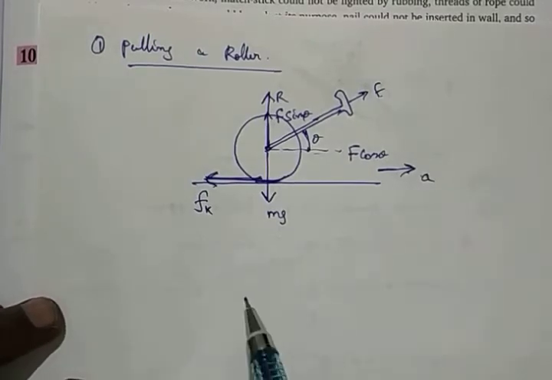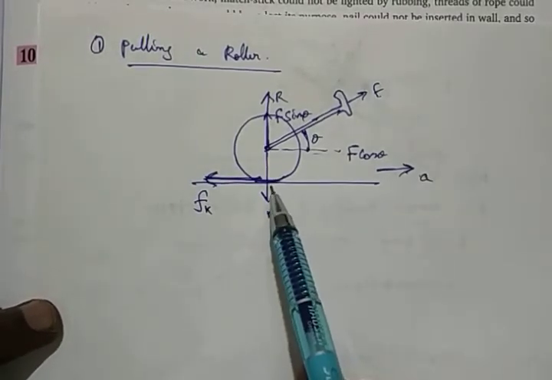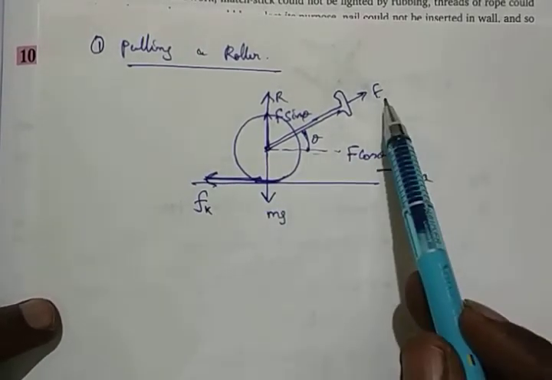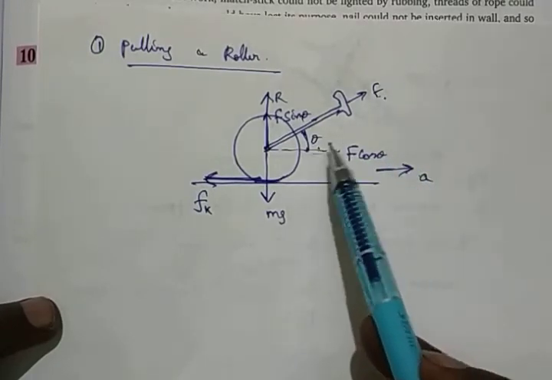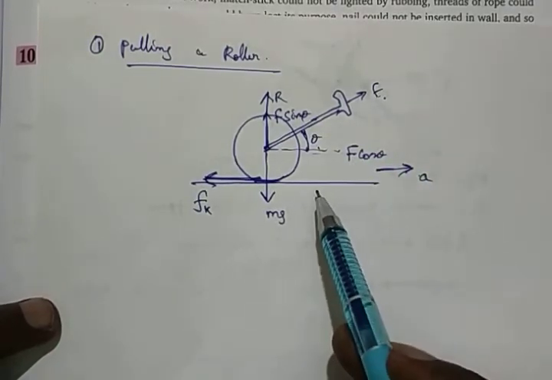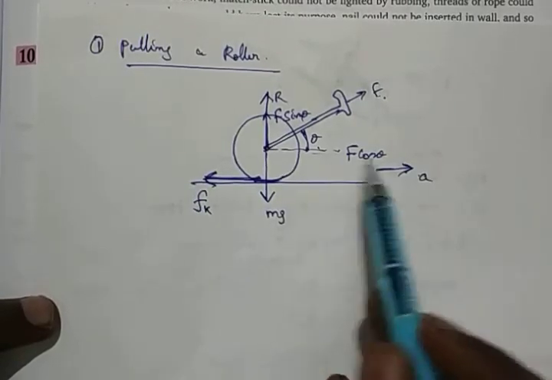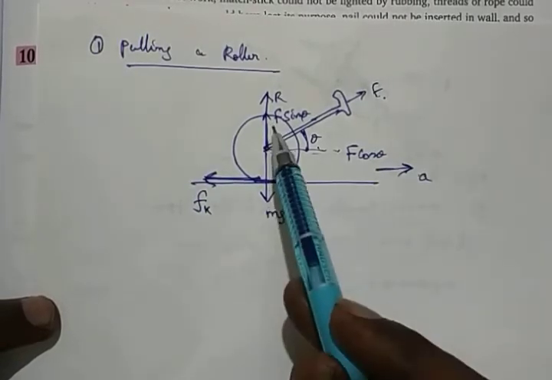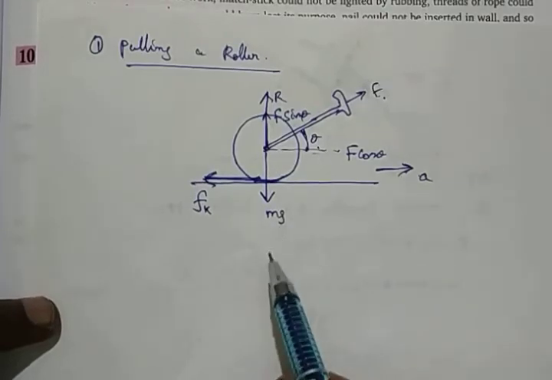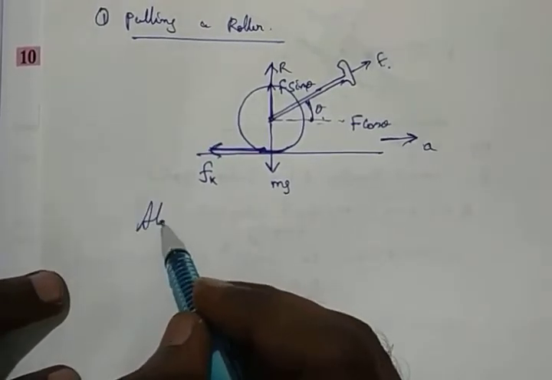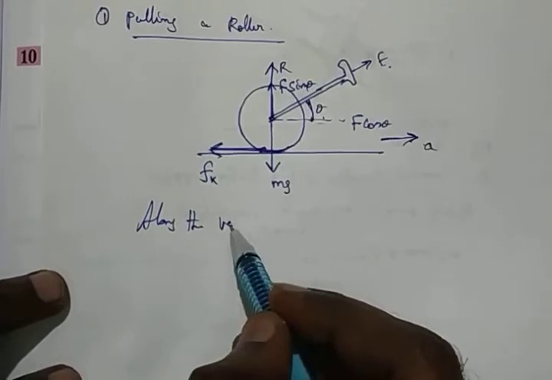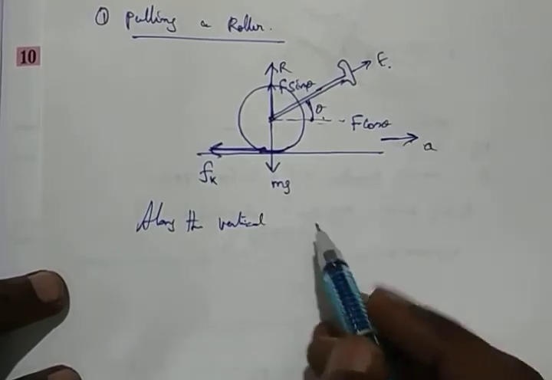So you can write down, consider a roller which is being pulled by a force F with theta as an angle. So resolving into two components, F cos theta along horizontal and F sin theta along vertical. So along the vertical, what happens?